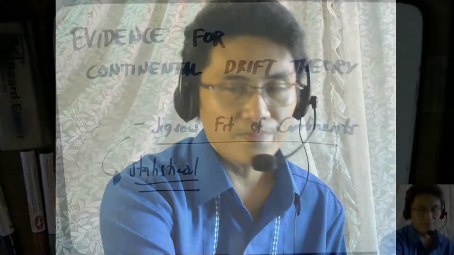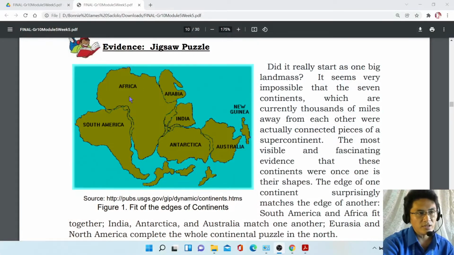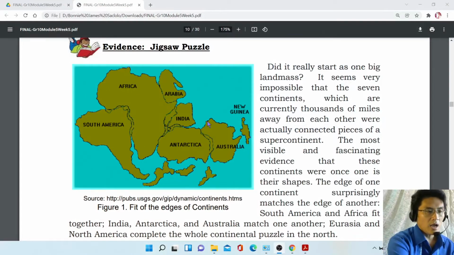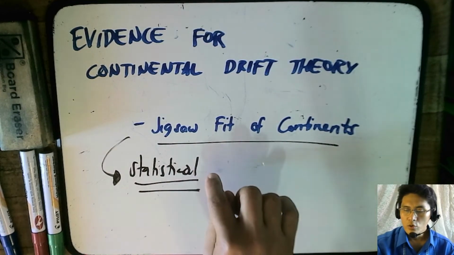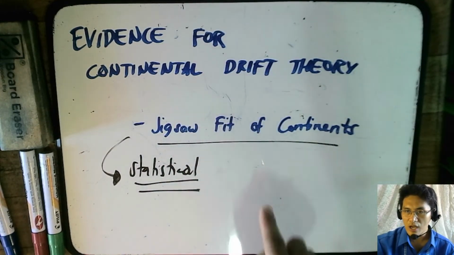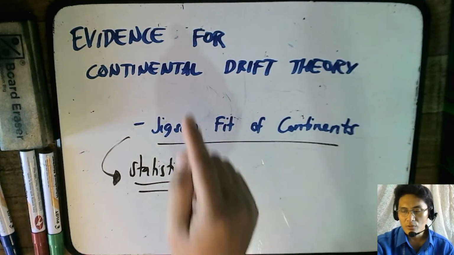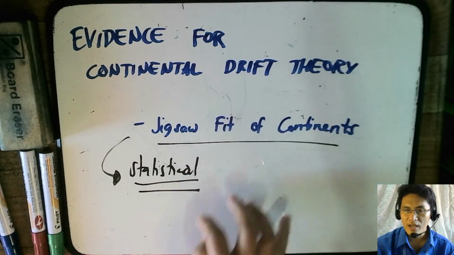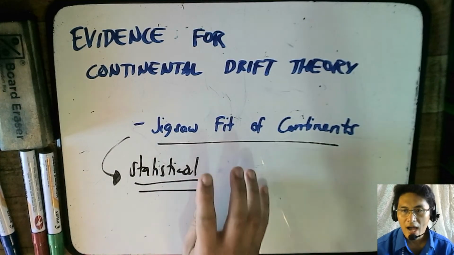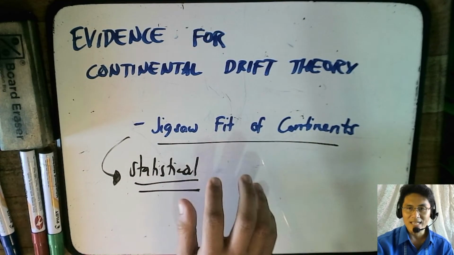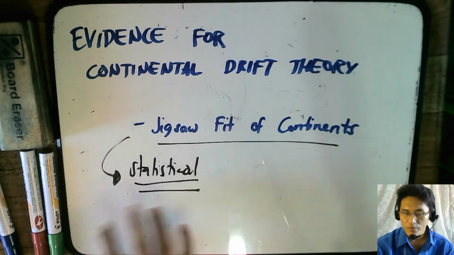But as a starting point, we saw that the edges of the continents really do fit. And when we apply modern statistical treatments, we confirm that the shapes of the edges don't just fit because of random chance, or because we are forcing the issue, but there's really a high degree of probability that they were indeed one, and then they broke off into different continents.